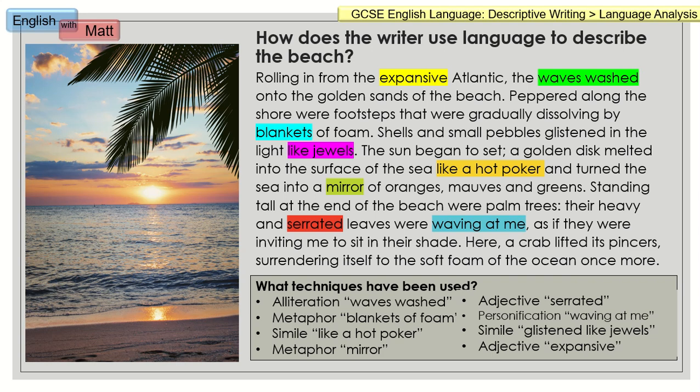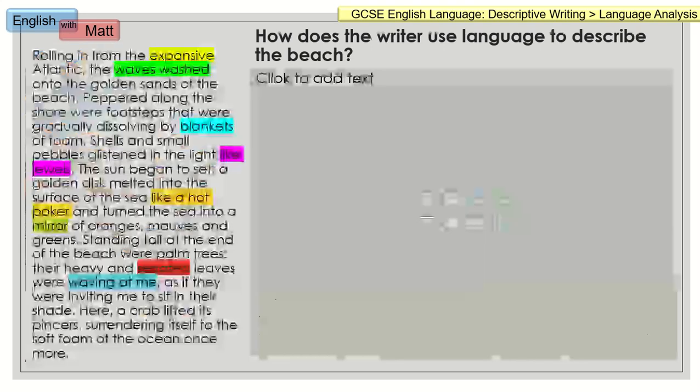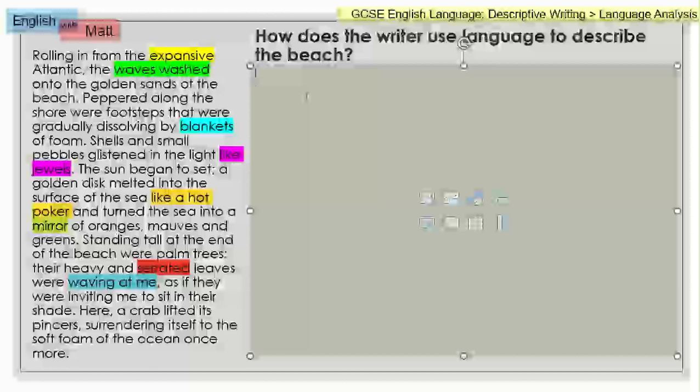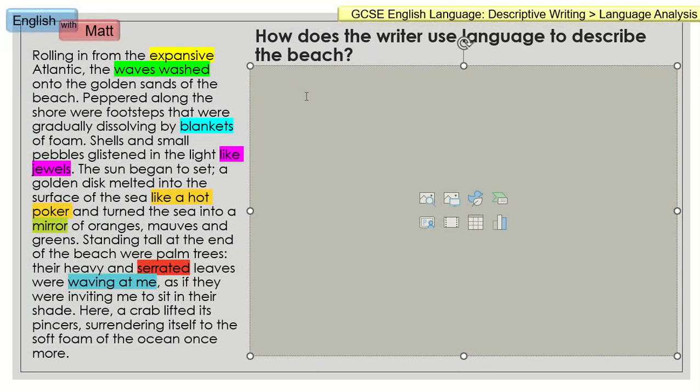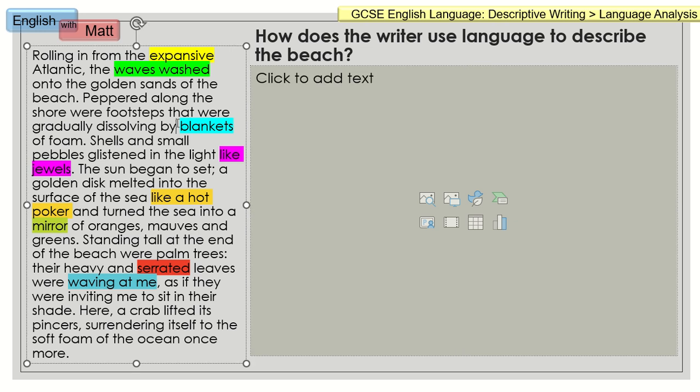So clearly, it's interesting because it shows that all of us make language choices all of the time. So let's take ourselves to a different page and let's now think about what I would say in order to analyze language. I'm going to zoom in on that metaphor with the blankets. Dissolving in blankets. I'm going to just change that in blankets of foam.